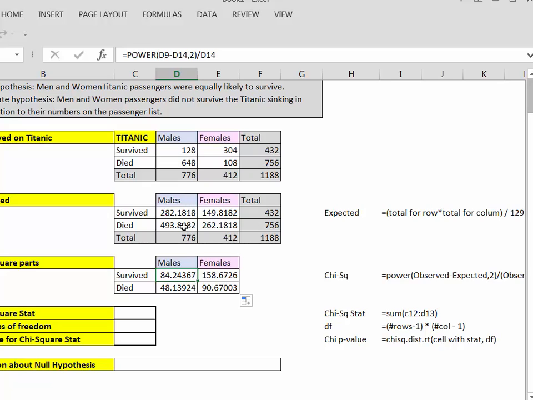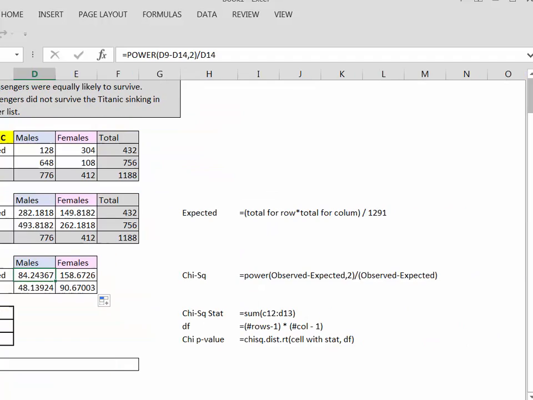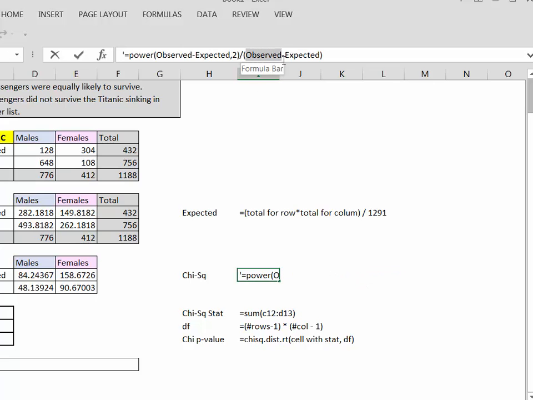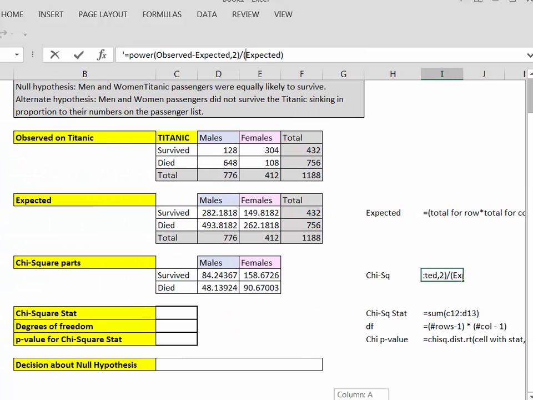It went from this expected to this expected, and all the computations were only with those cells, so it worked fairly well. And I'm going to go over here, even though we won't be seeing this again, and correct. This should be just the expected on the bottom. So I'm going to correct that so we've got the right version of the power.